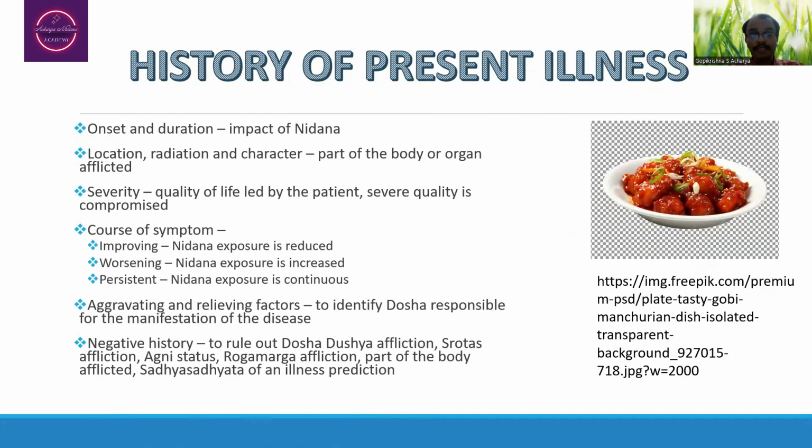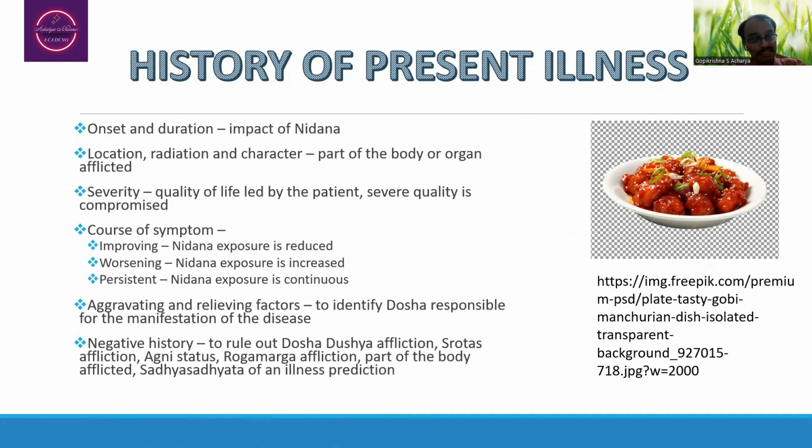As far as history of present illness is concerned, the following parts should be documented: onset and duration, then location, radiation and character. That should be documented if the person is having pain.